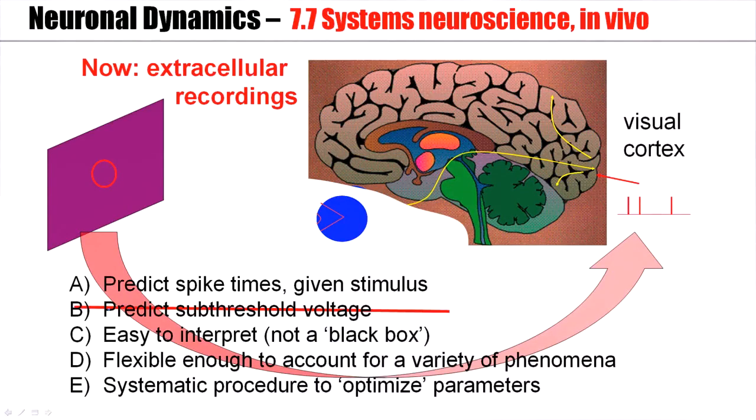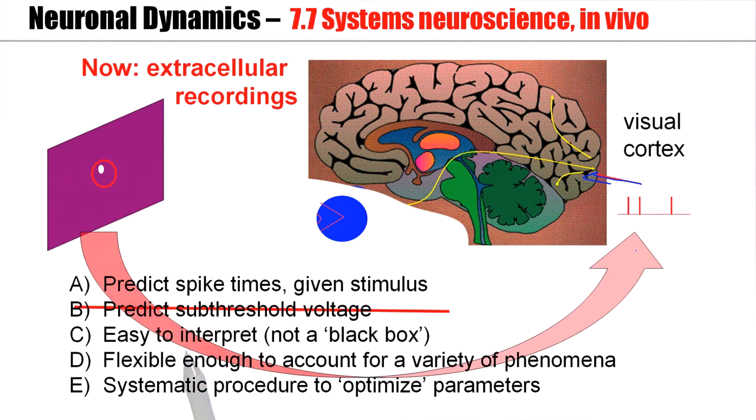We can use the same framework, the framework of generalized linear models, for example, to characterize receptive fields. Suppose you record from a neuron in visual cortex while a stimulus is presented, and the stimulus may appear at different locations, randomly all over the field.